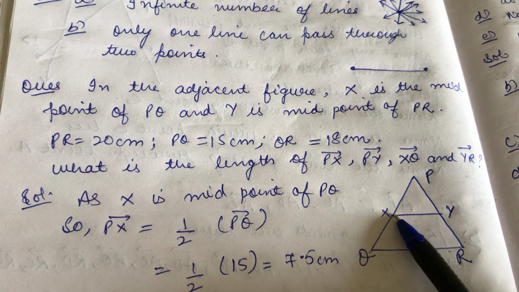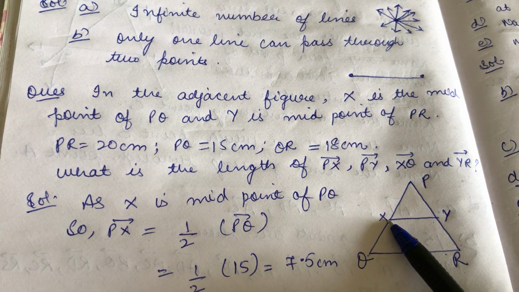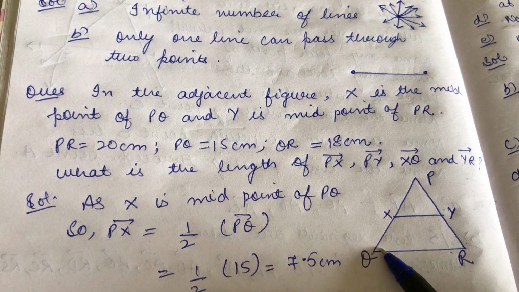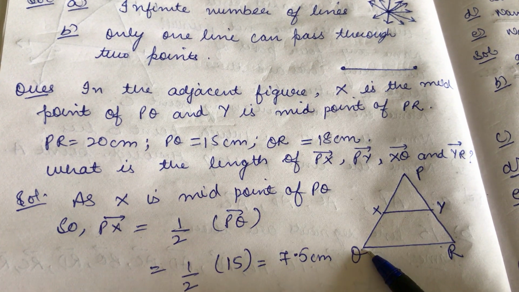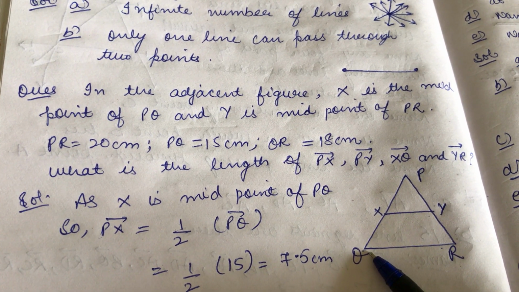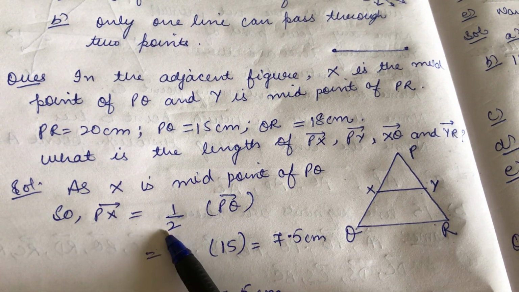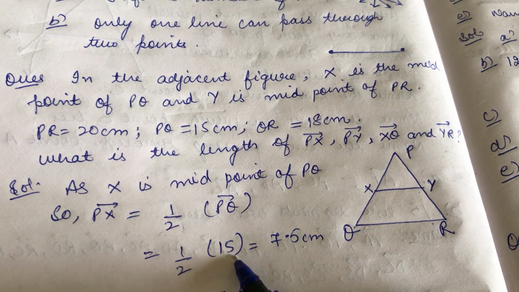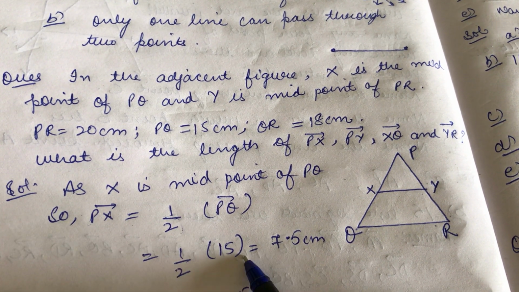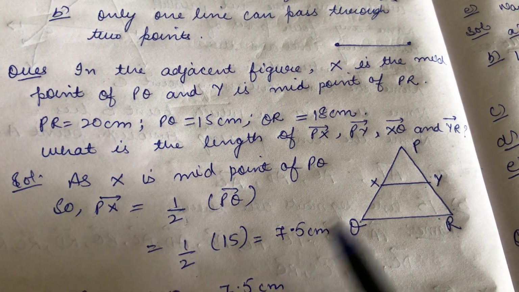Now X is the midpoint of PQ. Midpoint means it lies exactly in the middle. So if PQ is 15, then PX is half of PQ because it is at the middle. Half means 1 by 2 of PQ. PQ is 15 centimeter. So this is 15 by 2, or you can write 7.5 centimeter also.